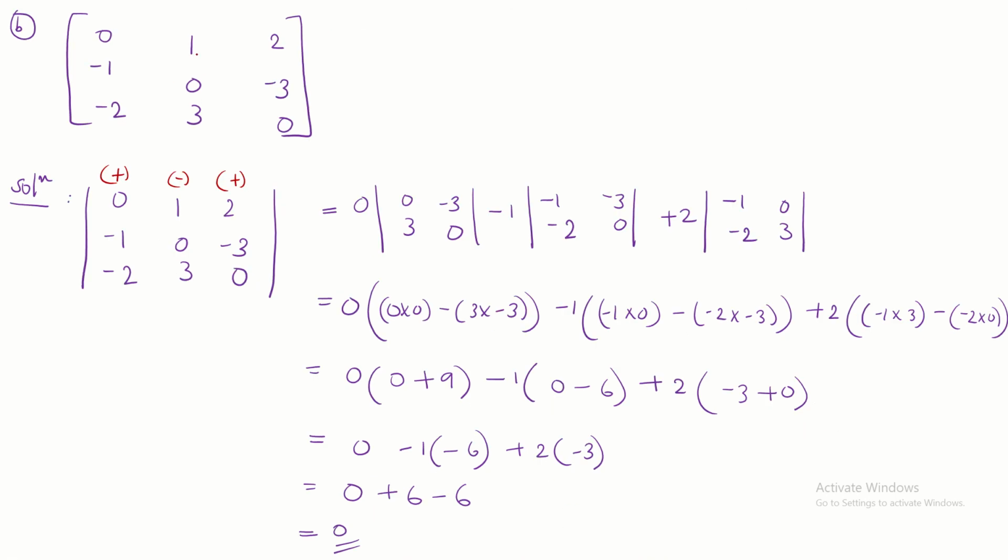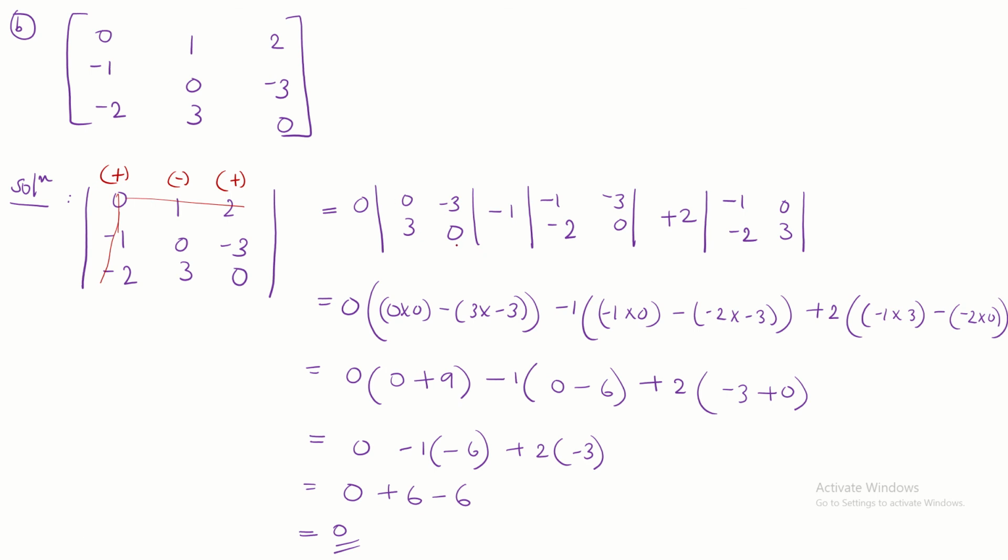Similarly, next question, you have the matrix. I'll write the determinant with the vertical line, plus minus plus. Again I wrote 0, ignoring this column and this row. 0 minus 3, 3 0.